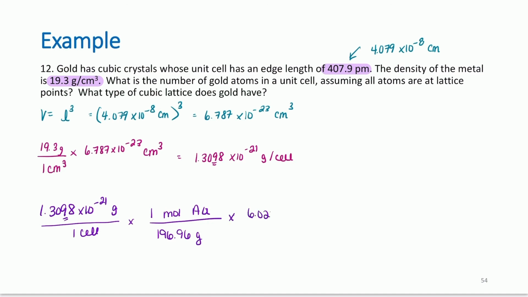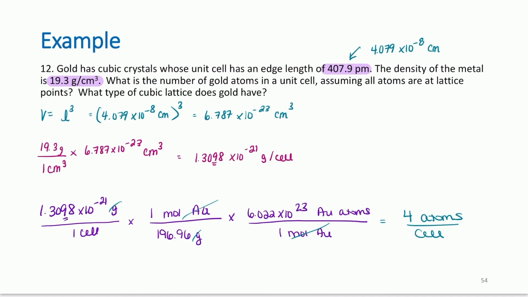And I know that there's 6.022 times 10 to the 23rd gold atoms per 1 mole of gold. So that cancels out my moles of gold, my grams, and that tells me my atoms per cell. If I calculate that, I'm going to get 4 atoms per cell. It tells me gold is cubic. If I have 4 atoms per cell, I've got an FCC, or face-centered cubic structure.